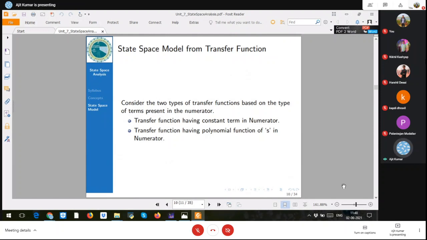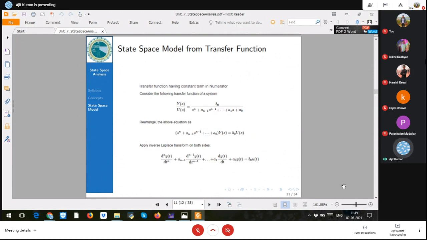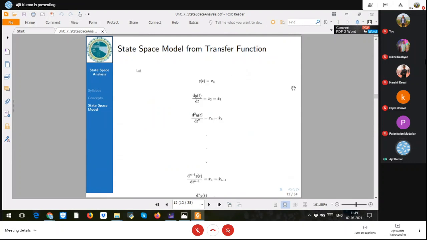So I said in the transfer function approach we can have two different cases. First, when the transfer function has a constant term in the numerator, and second, when the transfer function has a polynomial function in the numerator. So we saw case number one, when your numerator has a constant, and we saw how to find the state space model from this transfer function.